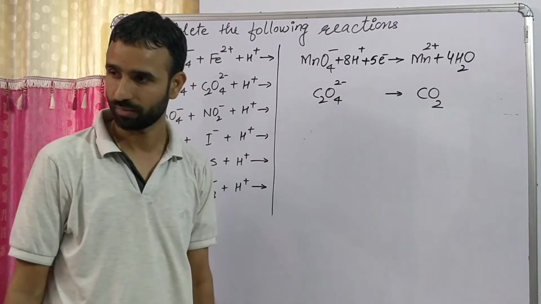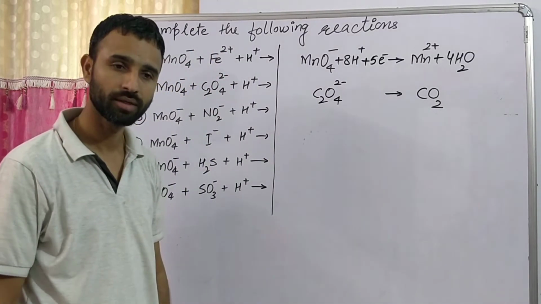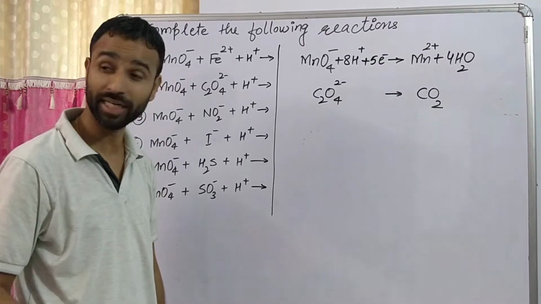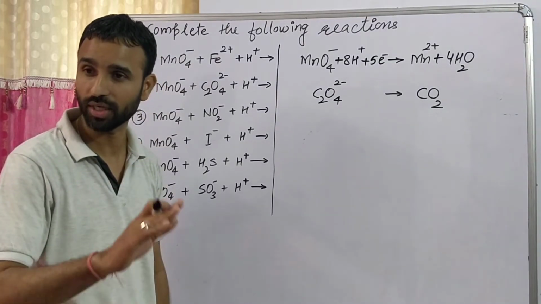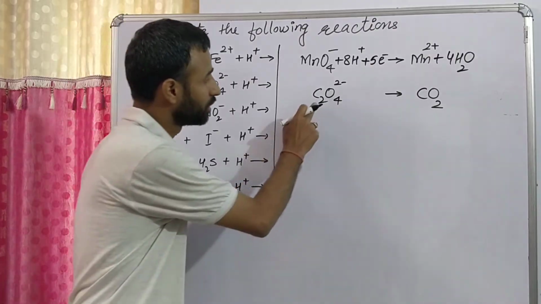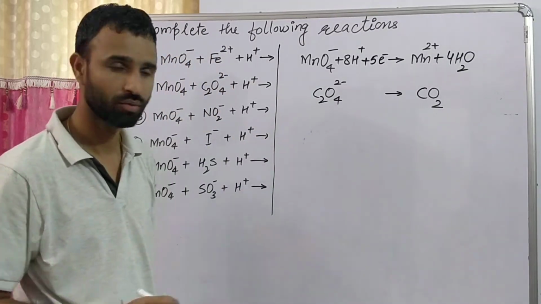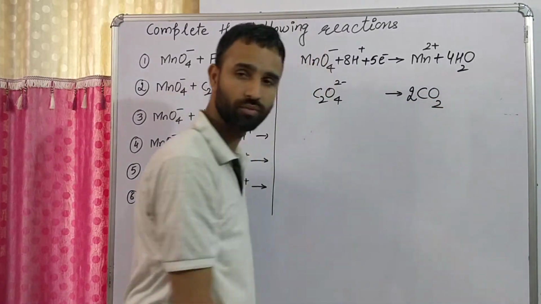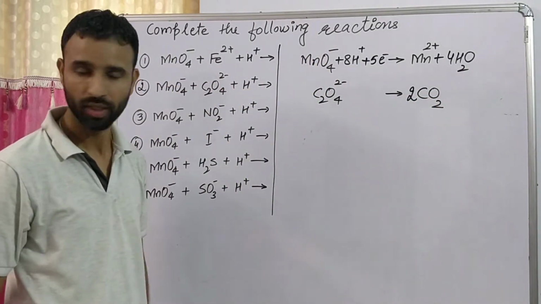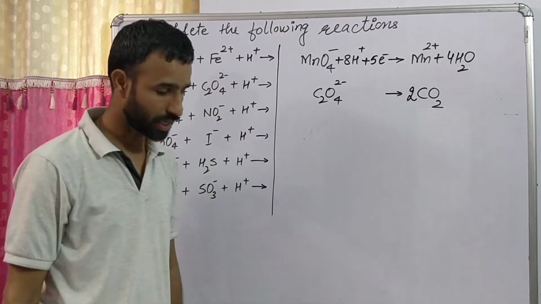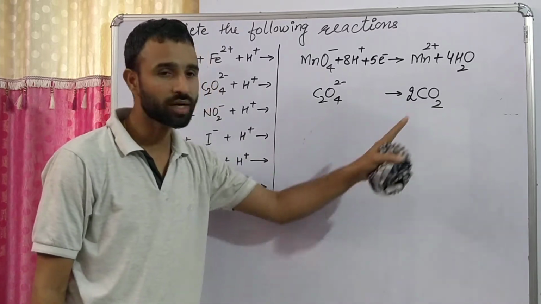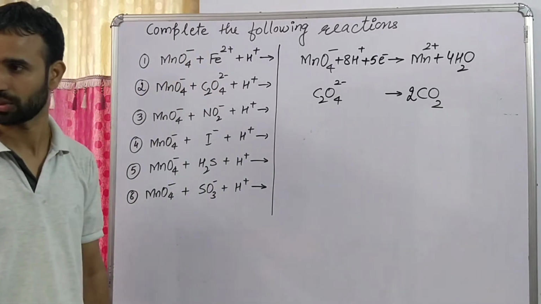Now balance it. First we balance atoms other than oxygen and hydrogen. On this side there are two carbons, on the other side one carbon, so we multiply by 2. Carbons are balanced, and in that way oxygen is automatically balanced.